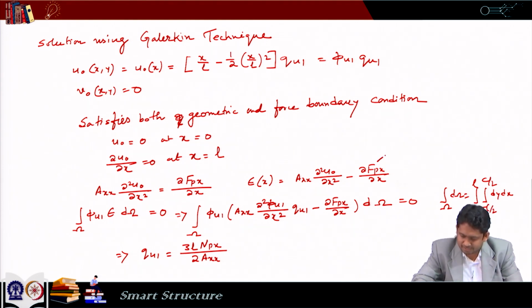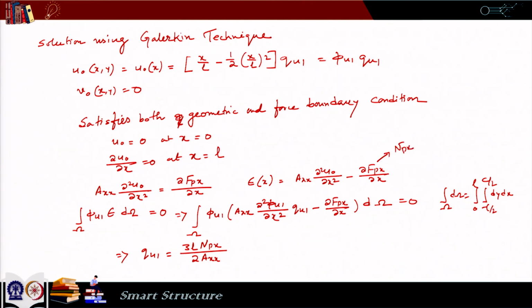Now, here f p x is basically our n p x, the first term in that f p vector. So, that is the solution obtained using the Galerkin technique.